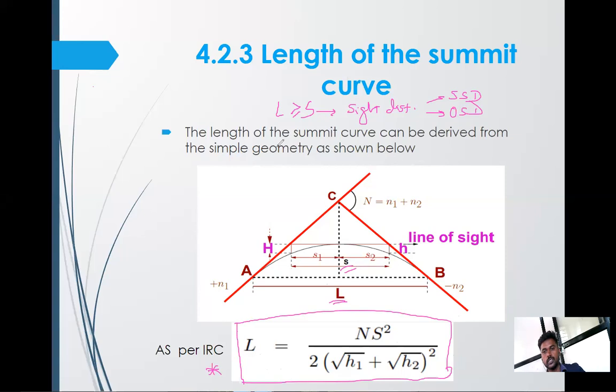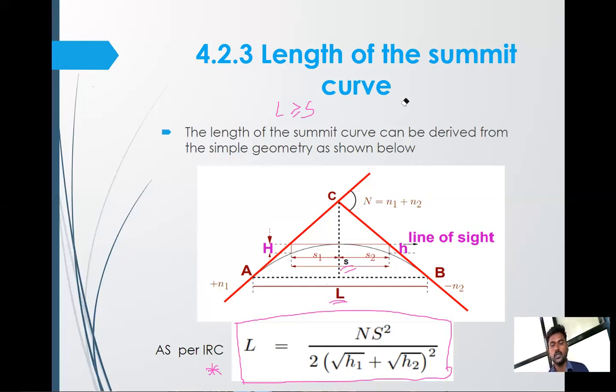Please, everyone, write down the first condition. Give the heading as length of summit curve.